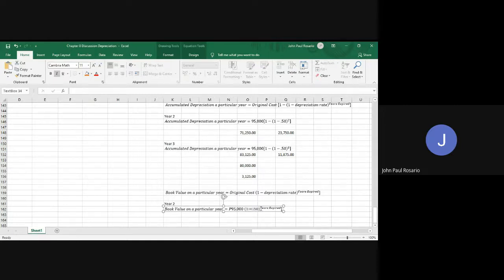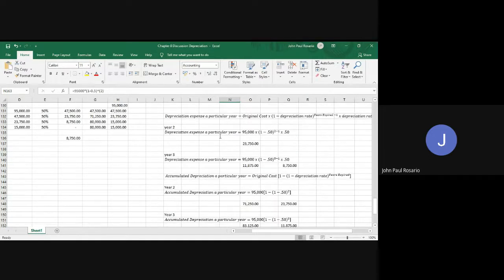Then years expired, of course 2 years. So your book value should be equal to 95,000 multiplied by 1 less 0.5 raised to the power of 2, which equals 23,750, which is correct as shown here until year 2.